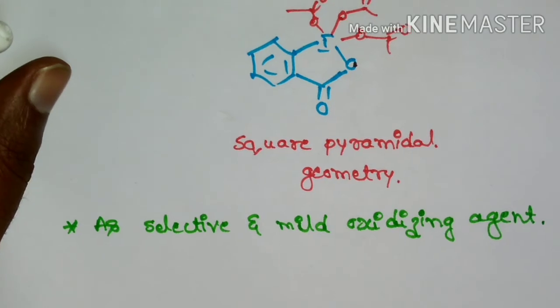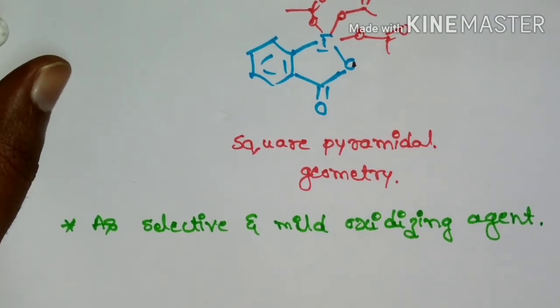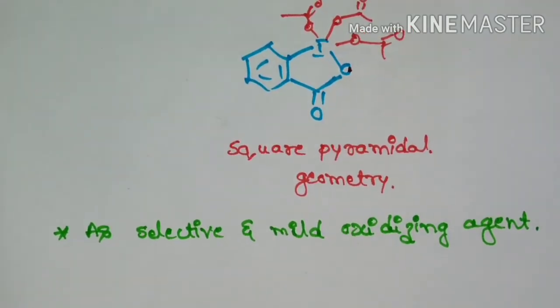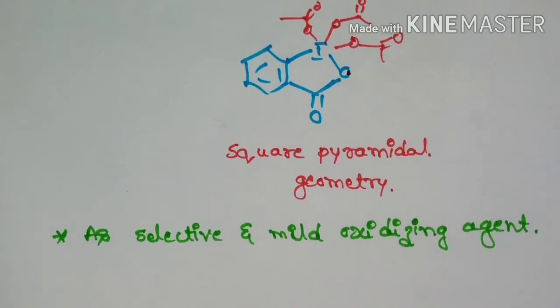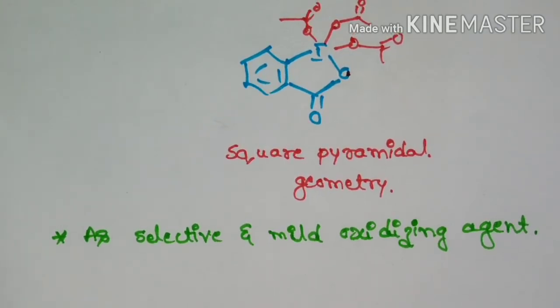So this is the main use of Dess-Martin periodinane. Before going to its use as an oxidizing agent, now we will see how this Dess-Martin periodinane is prepared.